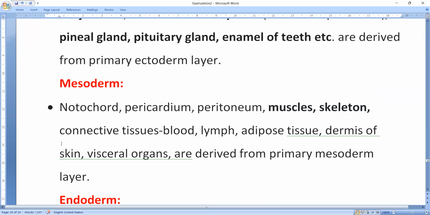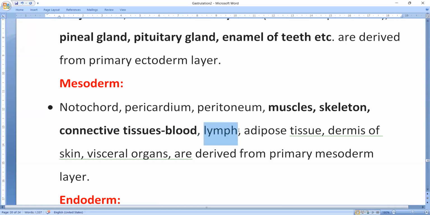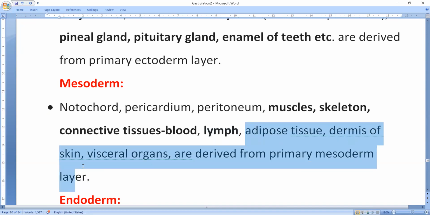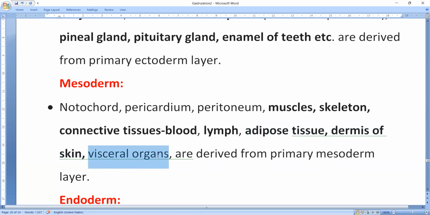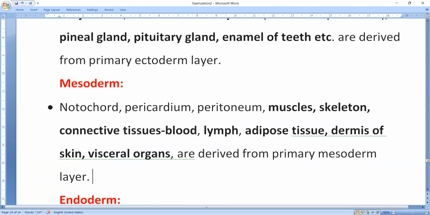Connective tissue and blood are produced from the mesoderm. Adipose tissue, and the dermis, the second layer of the skin. Here you remember, visceral organs are derived from the primary.